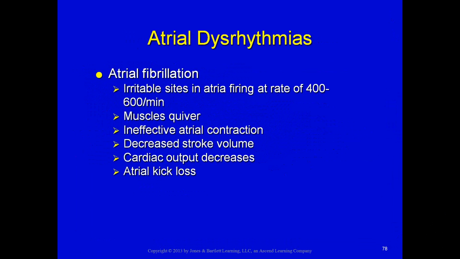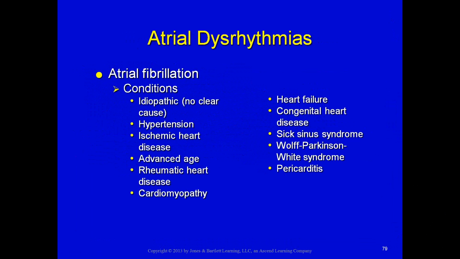So people with atrial fib are at a greater risk of pulmonary embolus and stroke, because if those clots break free and travel out the right atrium, they can get lodged in the pulmonary circulation. If they come out of the left atrium and get pumped out the left ventricle, they can end up in the head, causing a stroke.